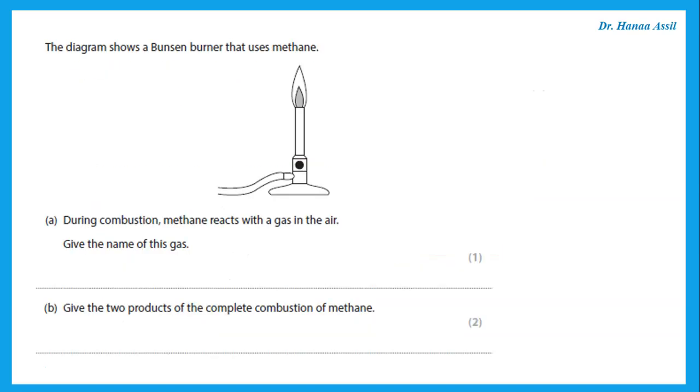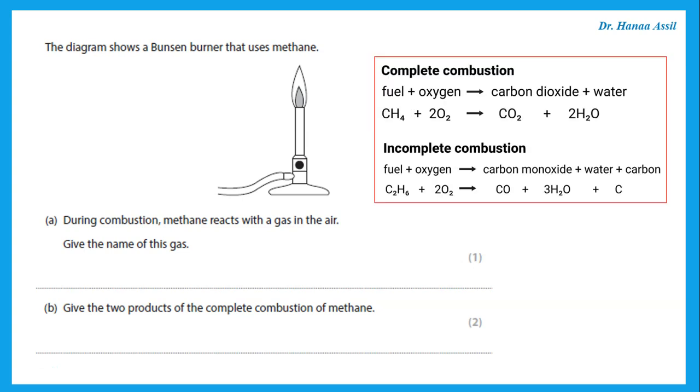The diagram shows a Bunsen burner that uses methane. During combustion, methane reacts with a gas in the air. Of course, in order to burn, it has to react with oxygen. So we have either complete combustion or incomplete combustion. In both cases, we're reacting with oxygen.